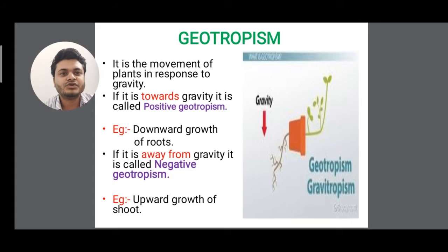So an example under positive geotrophism is downwards growth of roots. That means roots are going inward into the soil, that is positive geotrophism. And if it is away from the gravity, it is called negative geotrophism, like upward growth of shoot. So shoots are negative geotrophism and roots are positive geotrophism. Clear?